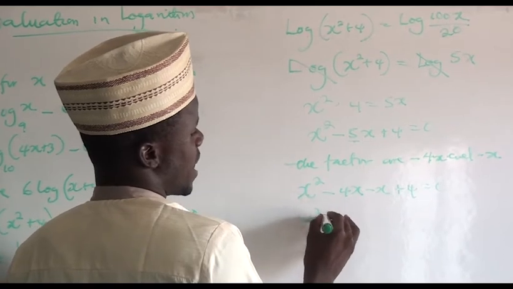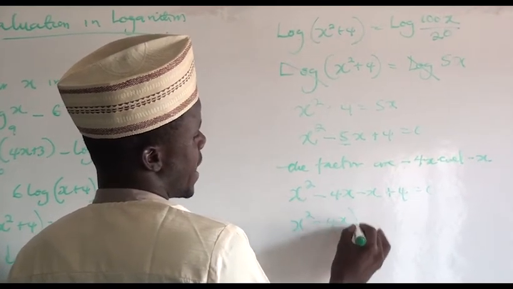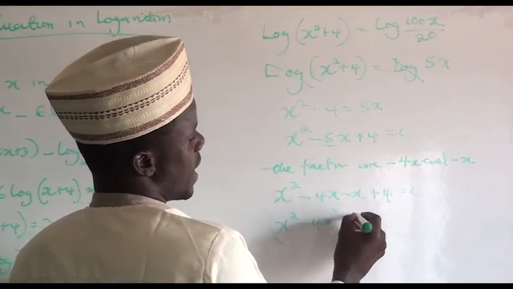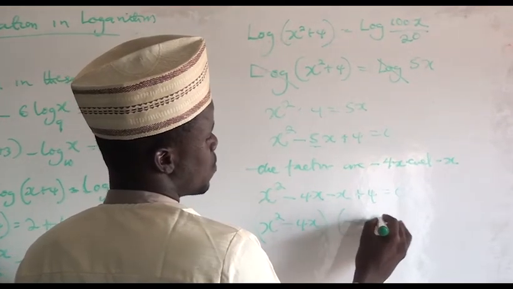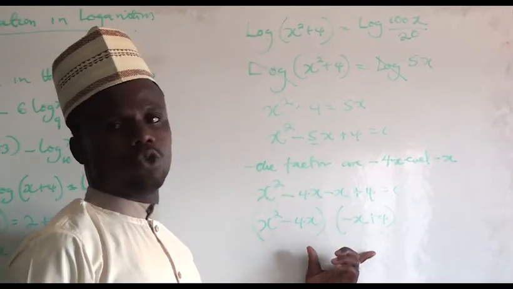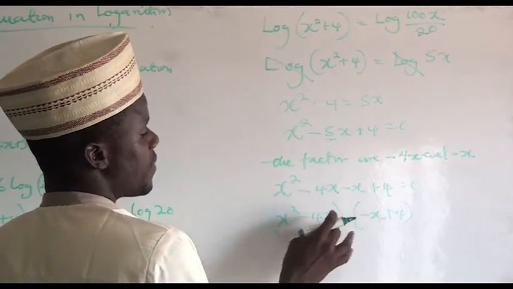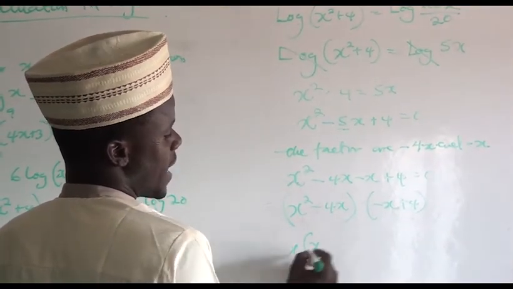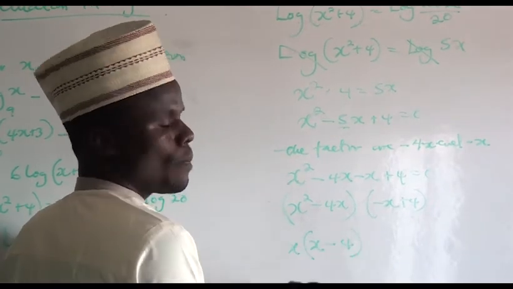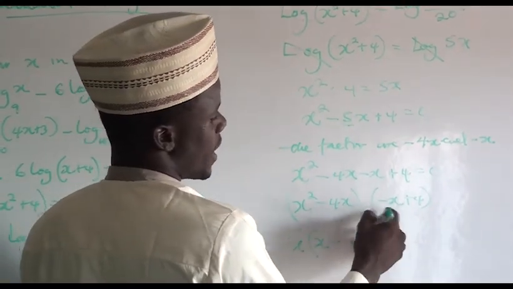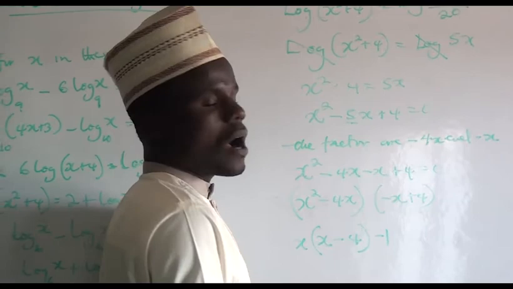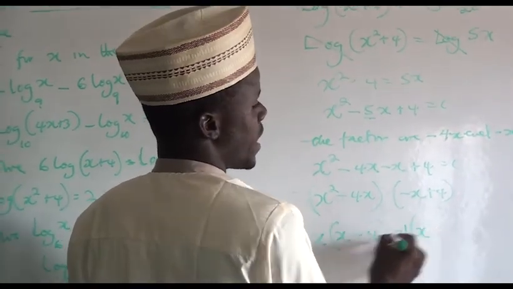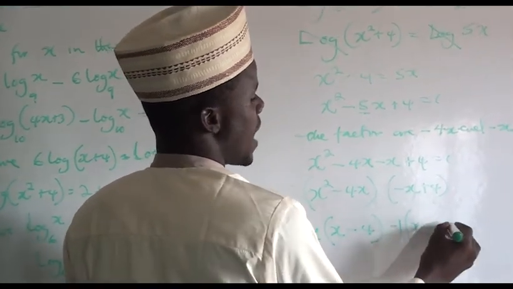Here we have x squared minus 4x in a bracket, and here we have minus x plus 4, also in a bracket. We have a common factor of x outside the bracket, remainder x minus 4, then this one we have minus 1 outside the bracket, into x, then into minus 4.